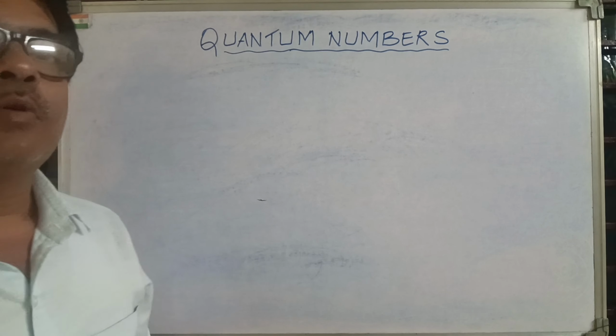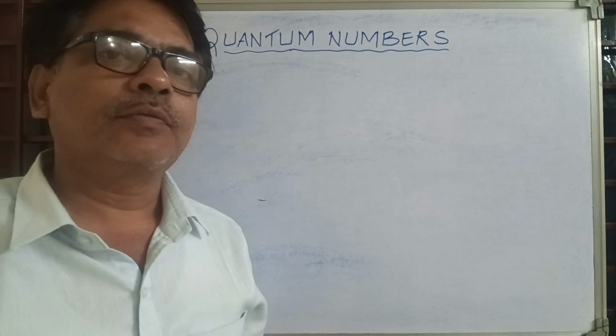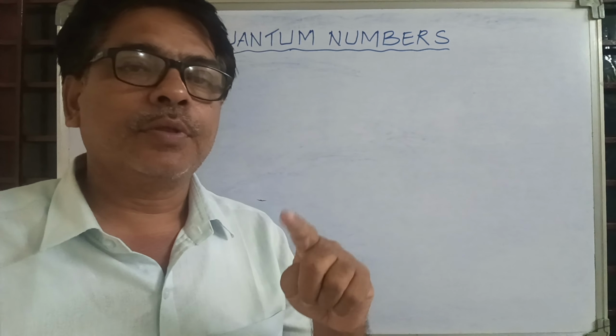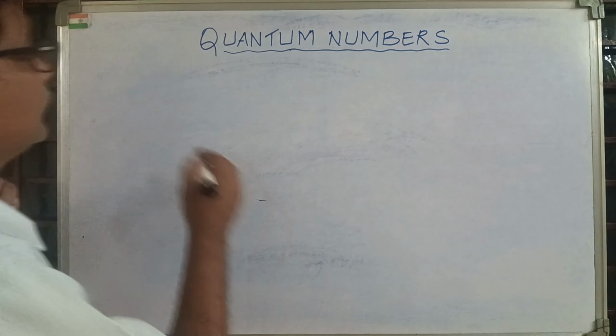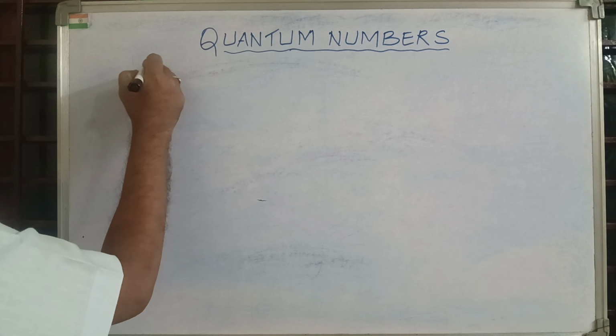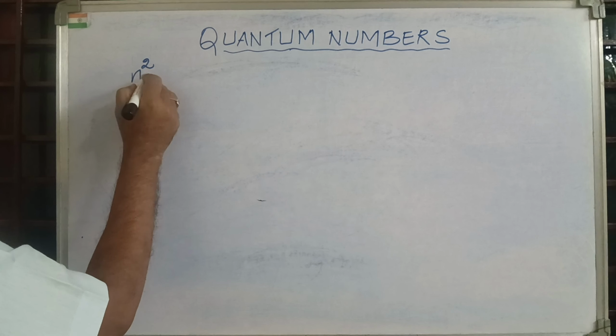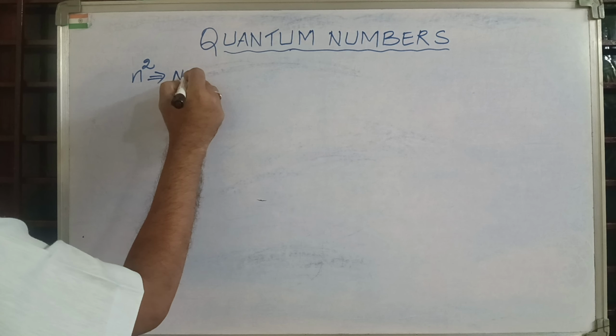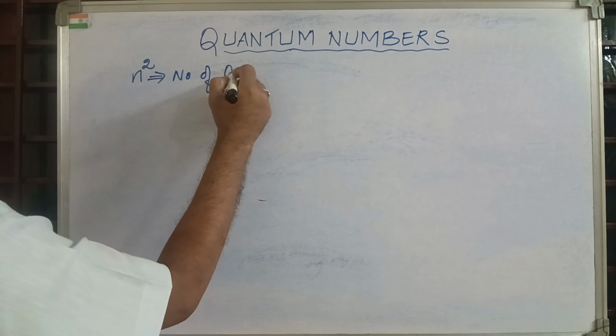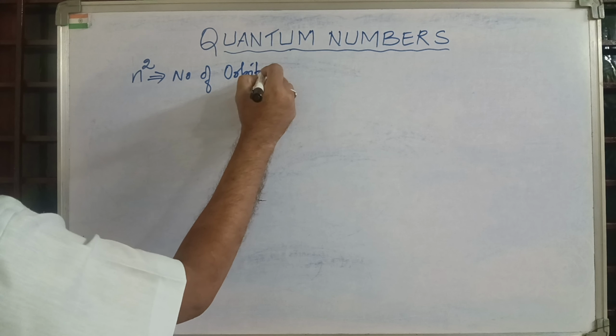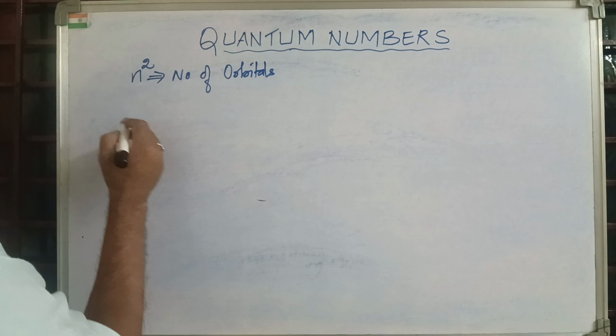But I want to tell you 4 important formulas which come in this structure of atom. The first one is n square. N square tells us about the number of orbitals. Now we'll see.